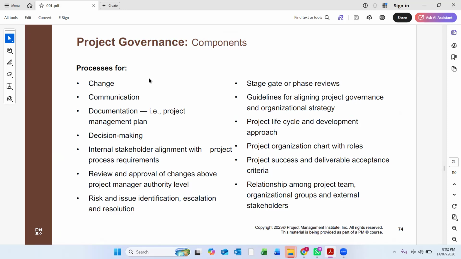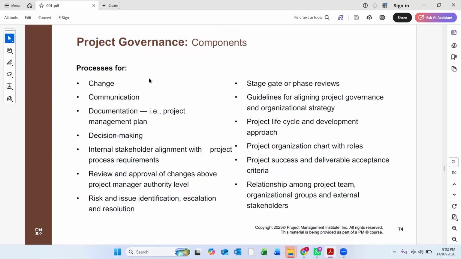Also, there should be a process for communication. Your communication matrix should be there. The communication management plan should be there. Also, a process for documentation, a process for how to integrate with the stakeholders. There should be a specific risk register, decision making, the stage gate, or guidelines for aligning project governance.